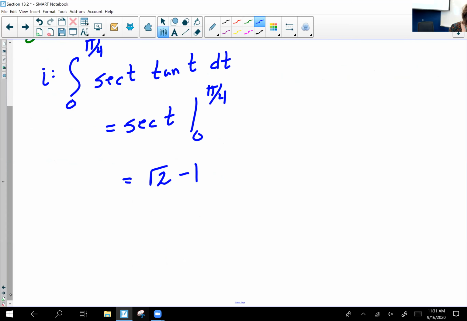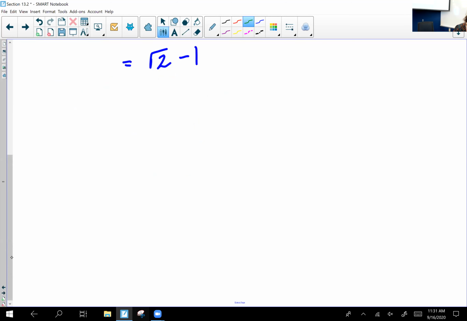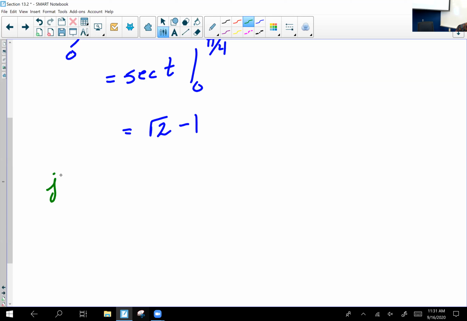The j value is going to get a little bit more interesting. The k value is a U sub, so it's not too bad. But what are we going to have to do to the j component? Our j component is the integral from 0 to pi over 4, but now it is t cosine of 2t dt. Yep, you got to do integration by parts.